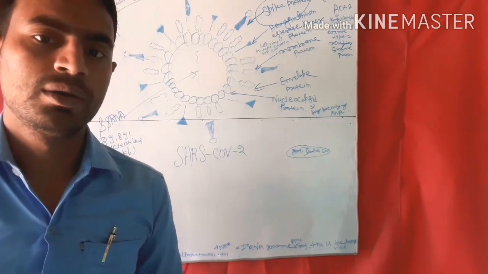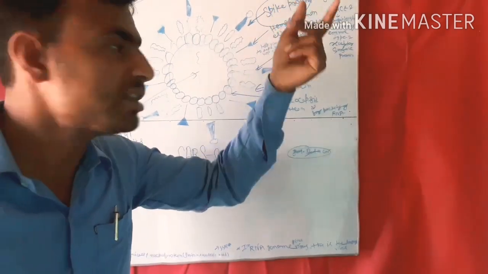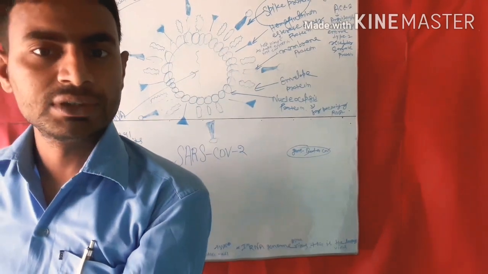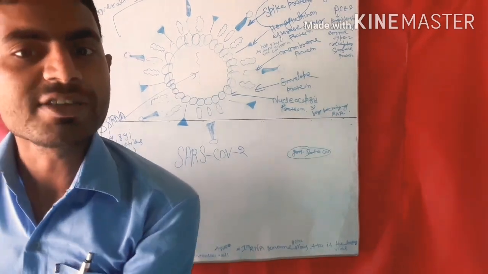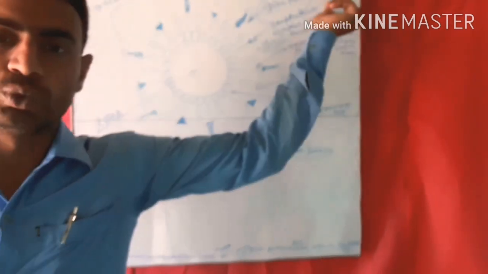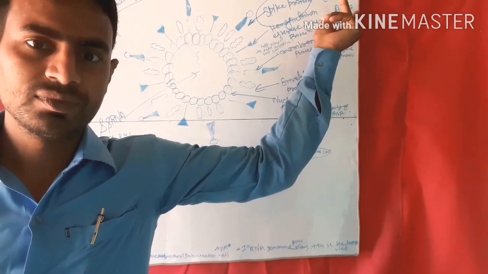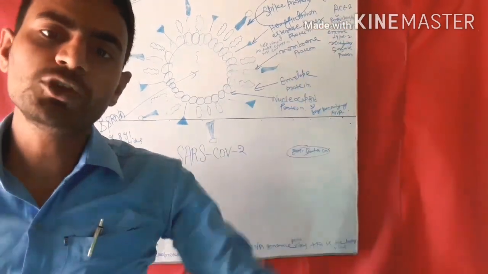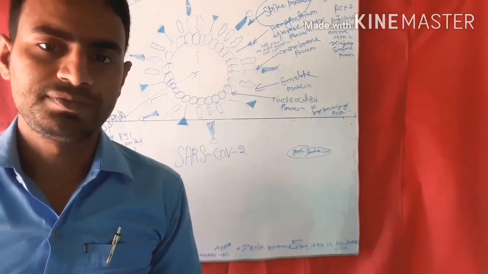Okay, first, from the virus side there is this spike protein, and from the host side, the human or animal side, the ACE type 2 surface protein, angiotensin converting enzyme type 2 surface protein, is responsible.